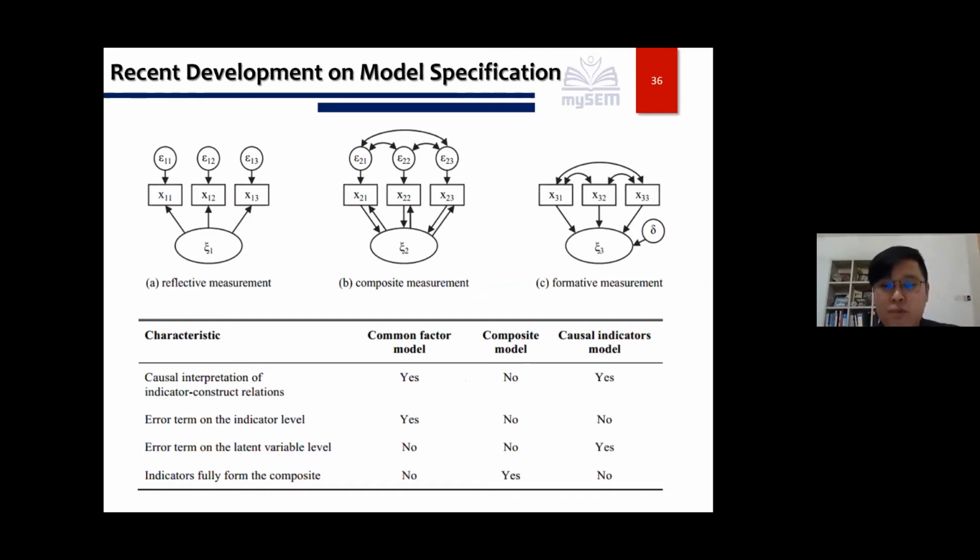But if you move into more advanced, more confirmatory research in terms of your reflective measurement, then we look at PLS-Consistent, and for this we look at figure A, as you can see on the left-hand side at the top.